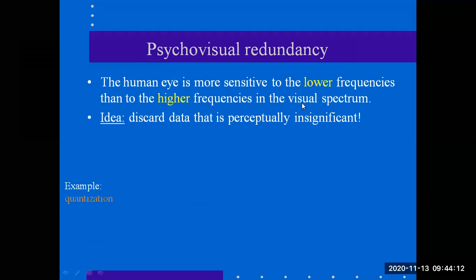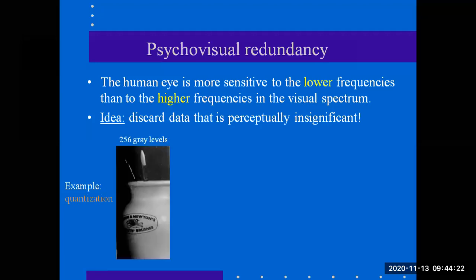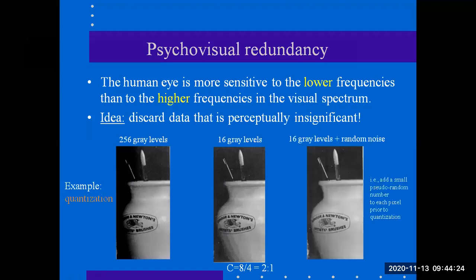So for high frequencies the human eye is less sensitive, but for low frequencies it is more sensitive. Based on the frequency of an image, the idea is to discard data that is perceptually insignificant.